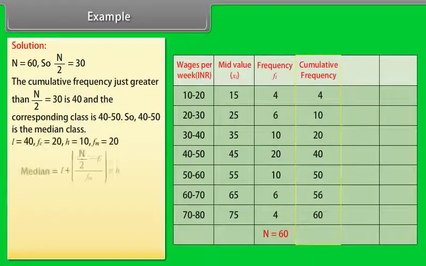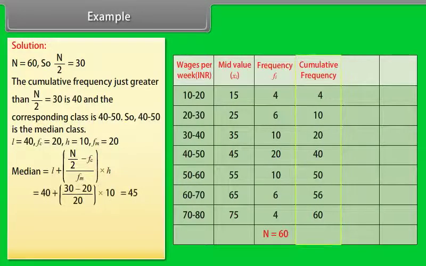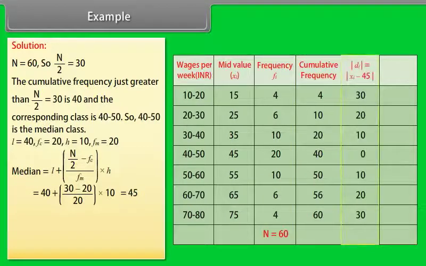After that, we find the median by using the formula: lower limit plus the difference between n upon 2 and the cumulative frequency of the class just preceding the median class, divided by fm, multiplied by h, and it is found to be 45. In the fifth column, we find the absolute values of the difference between xi and the median, that is 45, and the absolute values are denoted by di.